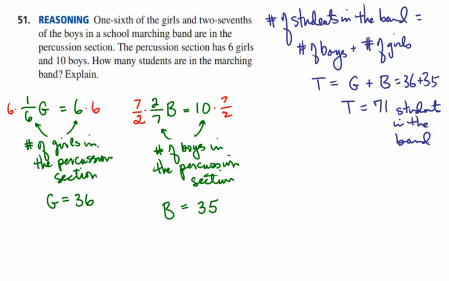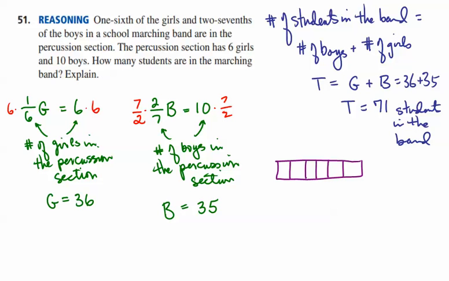All right. Now, I did mention that there's another way of looking at it that's not as algebraic, and it goes like this. If we know that 1/6 of the girls are in the percussion section, we make a fraction bar broken down by sixths, and each of those small rectangles has the same value.